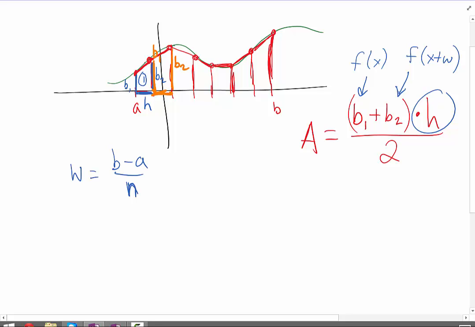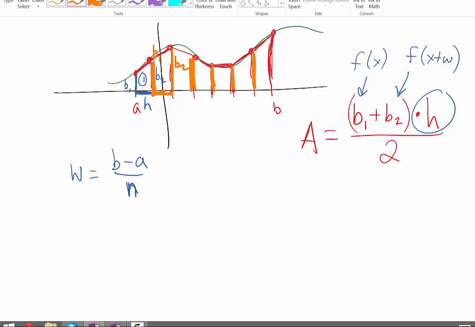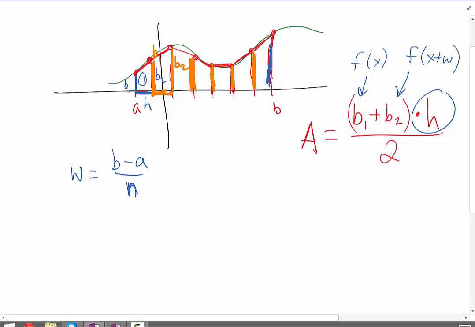And all of these middle heights that I'm coloring in orange are going to be part of two different trapezoids, so they're all going to be used twice. But the end heights are only ever used once, because they're only part of one trapezoid.